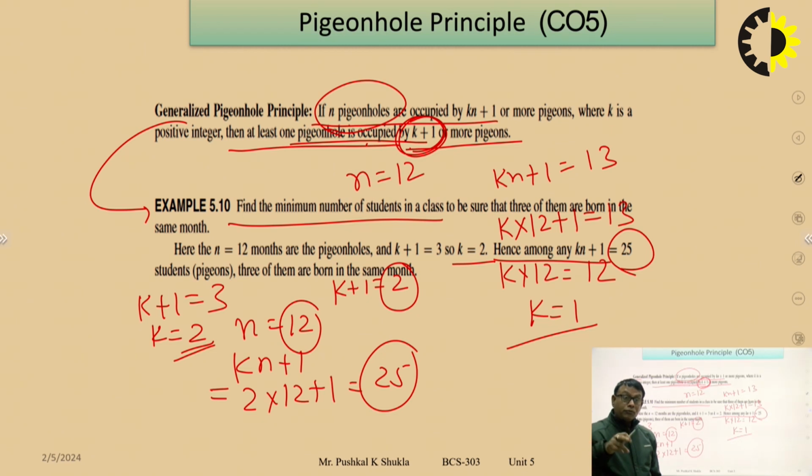Then the 25th student will be born in 1 month, any month. So 25 students is the minimum number, and then we can say 3 of them are born in the same month.